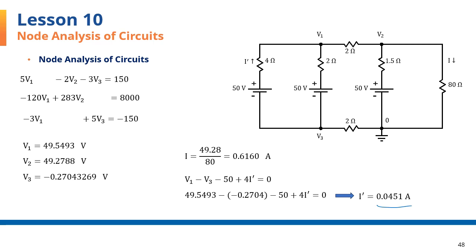To find the voltage across the 4 ohm resistor, which will have this polarity, given the direction of the current, I simply multiply this current by 4, and that comes to 0.1803 volts here.